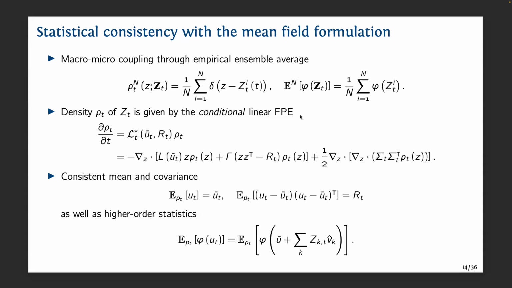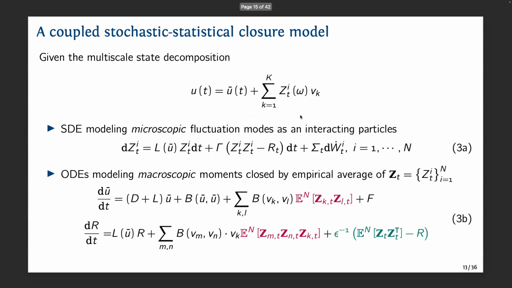The higher moments are also consistent with P, the original probability distribution, and rho is the measure for the stochastic coefficients. So this is a consistency, which means we can use this system to extract the statistics. And this is given N is a very large number.